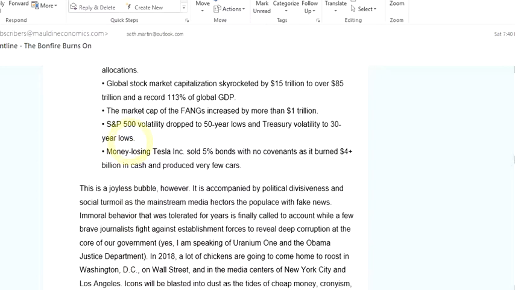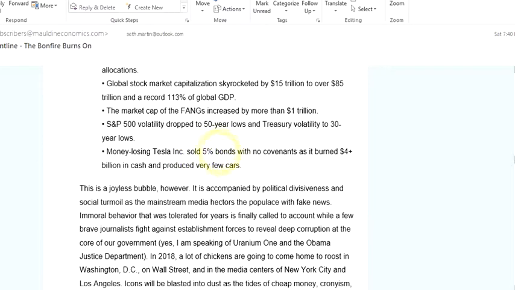S&P 500 volatility dropped to a 50-year low. And Treasury volatility, 30-year lows. So what is that saying? That's saying people think the market's going to continue to go up, and people think the bond market is continuing to go up. Money-losing Tesla, and you see how he feels about Tesla, sold 5% bonds with no covenants as it burned through $4 billion in cash and produced very few cars.